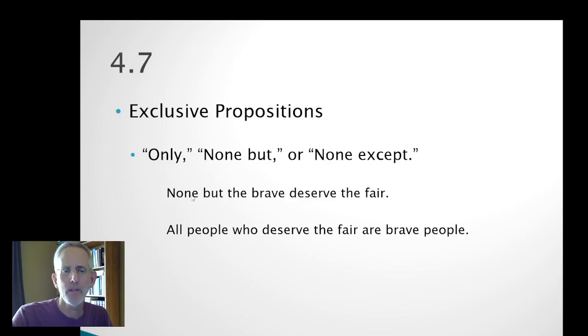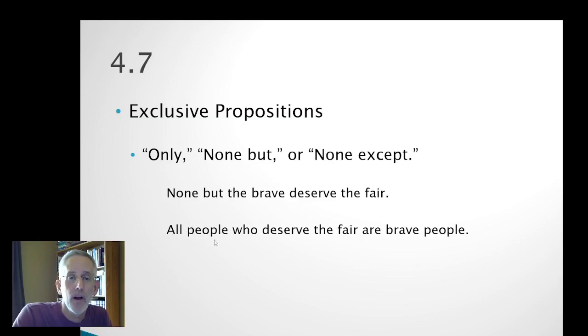So that would be translated as all people who deserve the fair are brave people. So none but, the none commits us to a claim about every member of that particular class. We're saying something about every member of the class of people who deserve fair treatment. And so you have to use the quantifier all in that case.